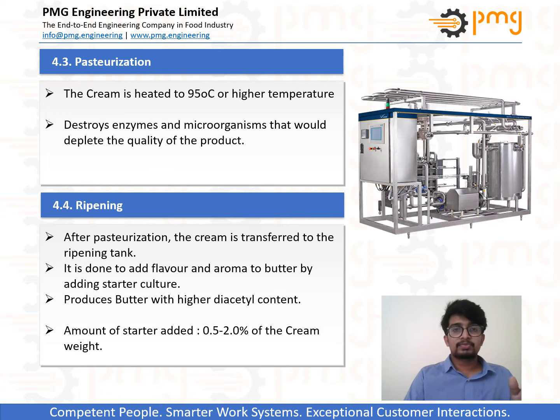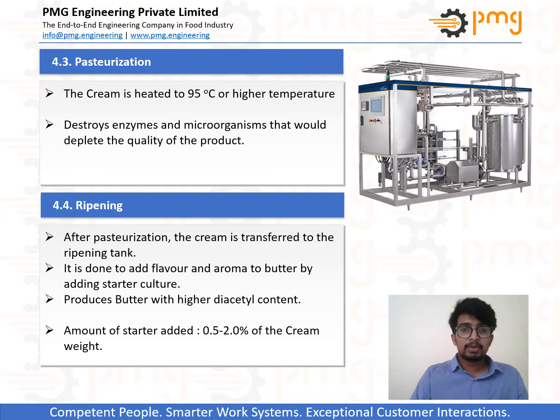After separation, we go for the pasteurization of cream. Pasteurization is basically a thermal operation in liquid products to ensure the microbial quality and to nullify the presence of pathogenic microorganisms present in them. After pasteurization, we go for ripening, which is an optional step.